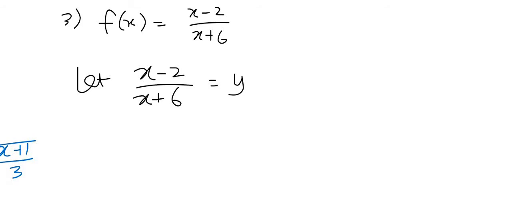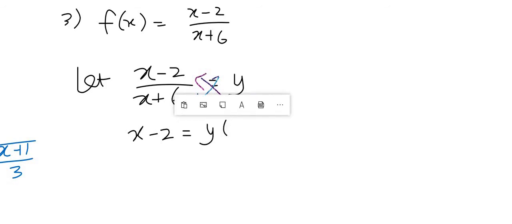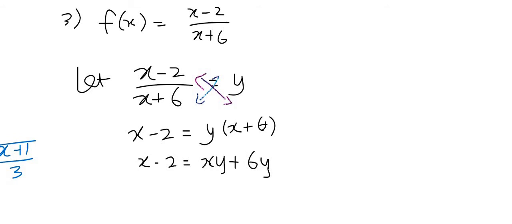But if you can remember, this is actually something that you can simplify using cross multiply. So we're going to do cross multiply here. So x minus 2 equals y multiplied by x plus 6. Expanding the bracket will give you this.